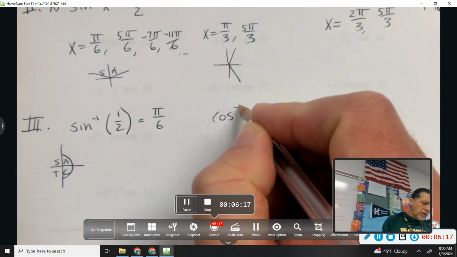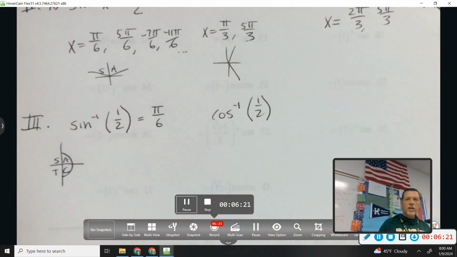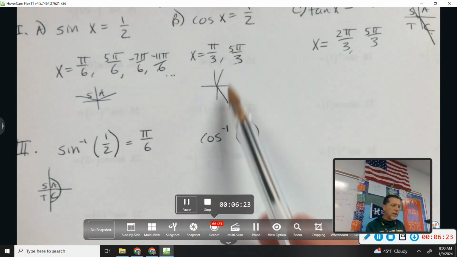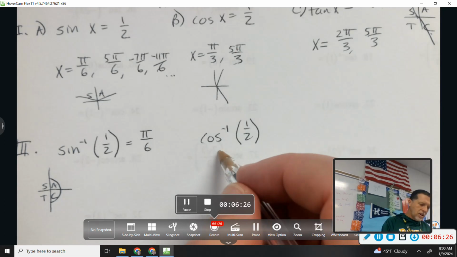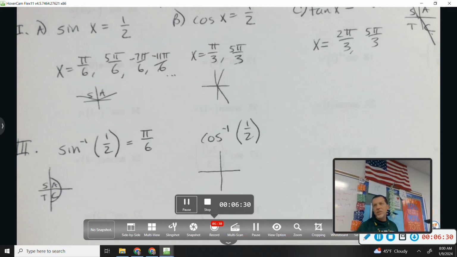If we want to do inverse cosine of 1/2, so that kind of matches what we just did, but I'm only supposed to have one answer. Which of those answers do you think would be the easiest choice? Which one do you think we went with? What's the simplest answer?